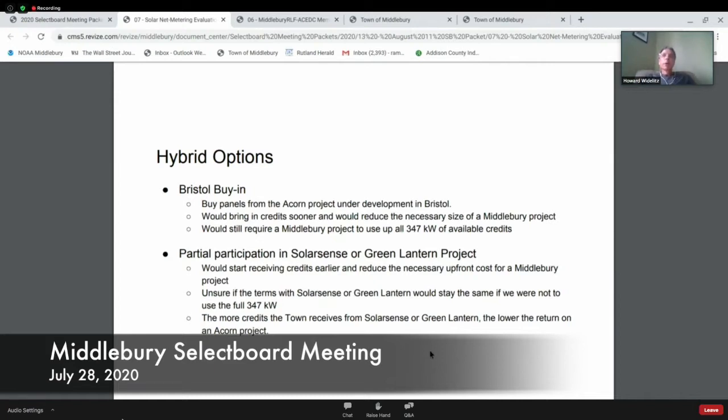We talked in the past, and I believe there's been discussion about putting an array at the wastewater treatment plant. It would not be able to handle the full 347, but one possibility is you build an array, I don't remember exactly, maybe in the 200 kW range. There are lots of options, and obviously the wastewater treatment plant would be certainly less controversial, but there would be a lot of work to determine whether or not that's feasible. So that's where we stand with the recommendation.